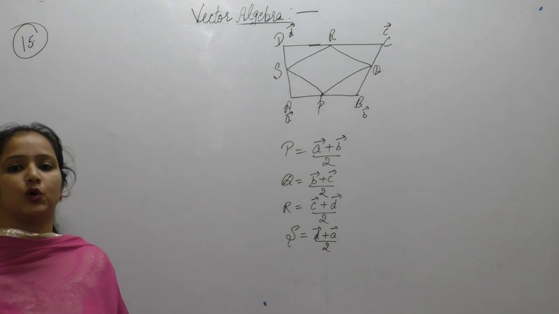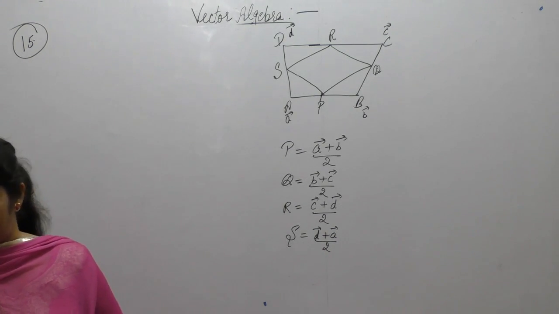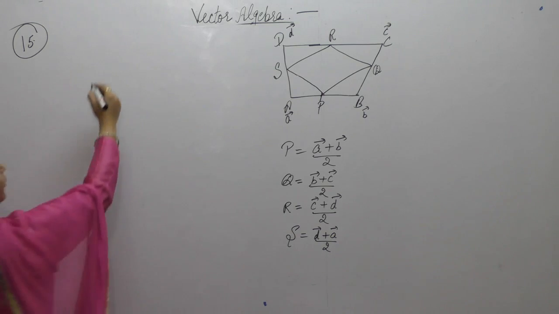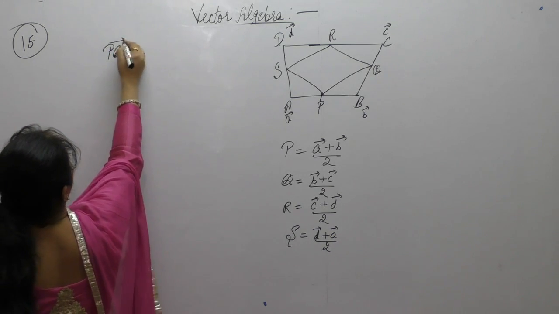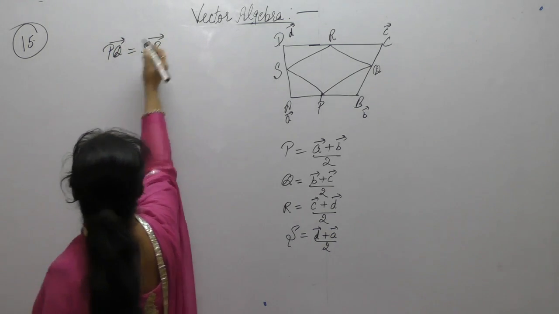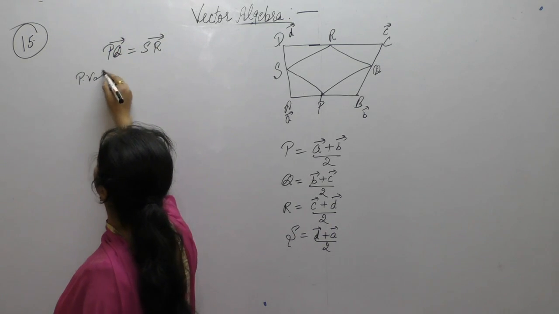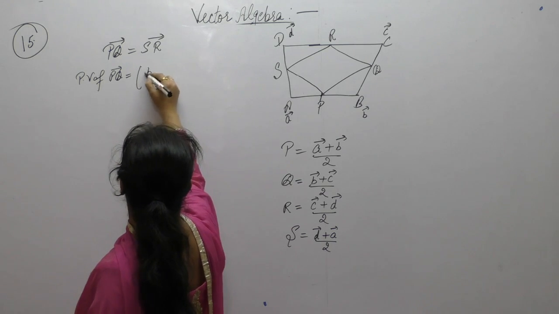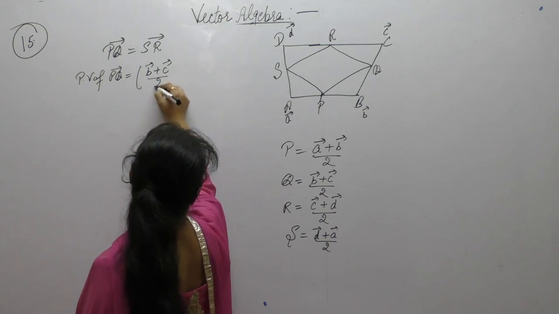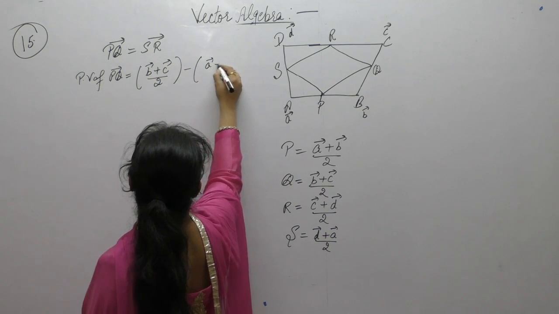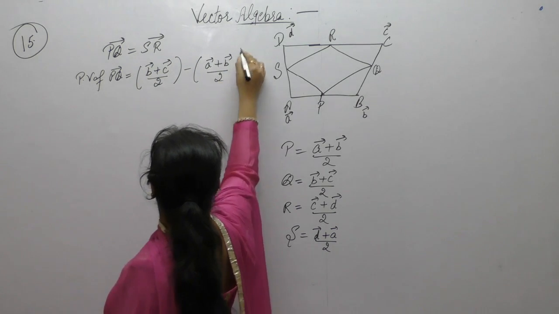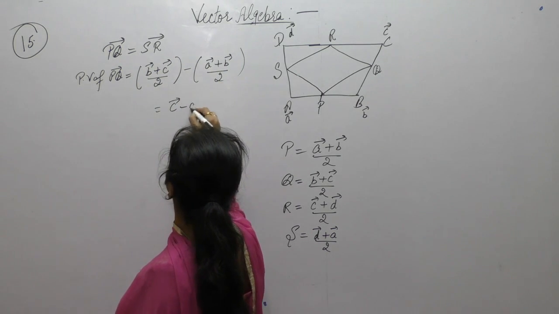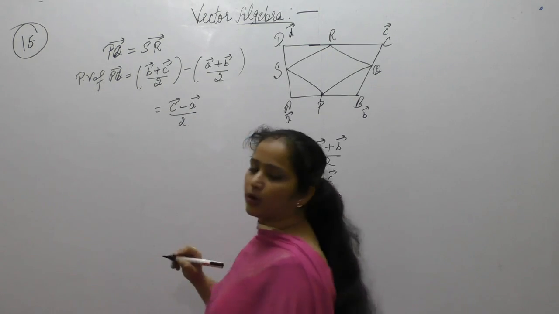Then we have to show that opposite sides are equal. We have to prove PQ equals SR. Now the position vector of PQ is Q vector minus P vector; B vector will get cancelled, so C vector minus A vector upon 2.